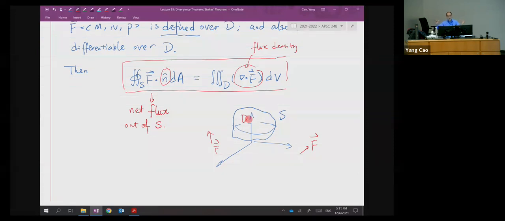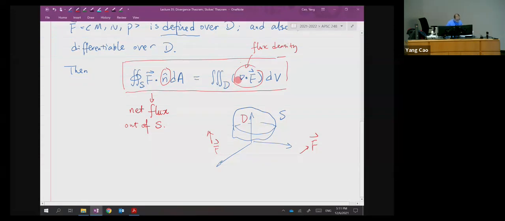You get a total mass. So here you integrate the flux density over this whole region D, and according to this, you get the net flux, the total flux, which makes perfect sense. So you integrate flux density, you get the net flux out of this surface S, or out of the total region D. That's a perfect explanation why this surface integral equals that triple integral.